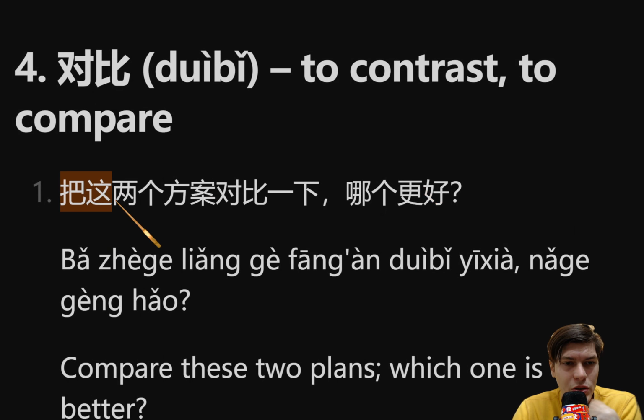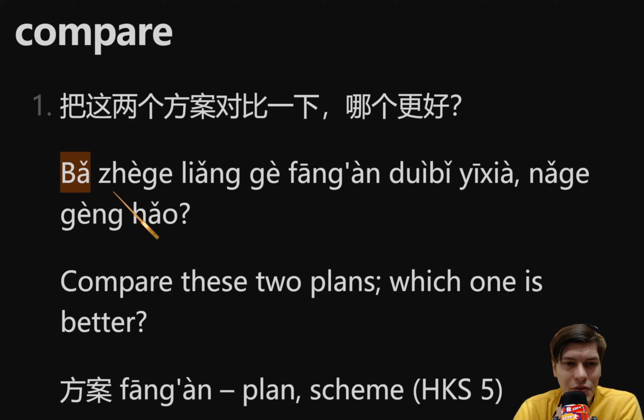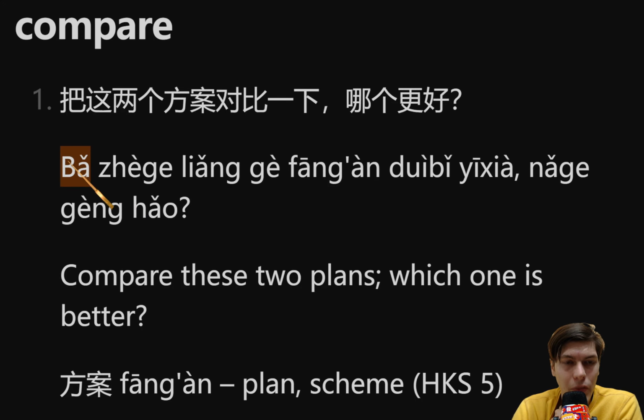Remember, in the sentence we don't say 把 twice, because saying 把这个 is not comfortable, so just have one 把.